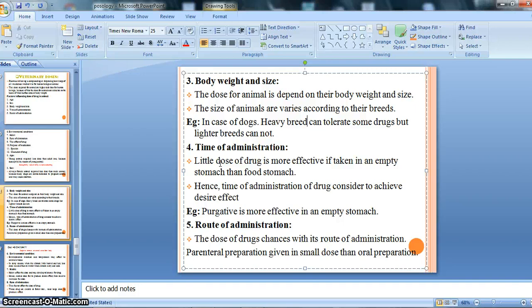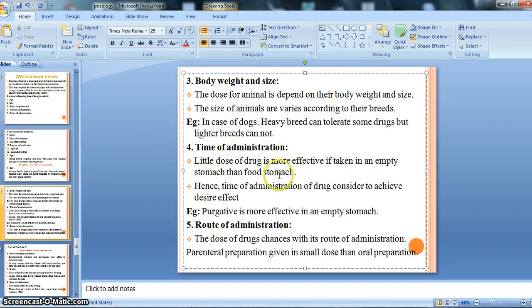On an empty stomach, the small dose can produce more effect than on a full stomach. In presence of food, a higher dose is required for producing the same effect, but on an empty stomach we can use a little dose for producing more effect.